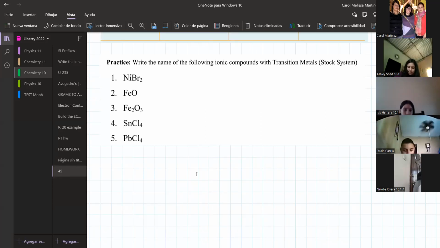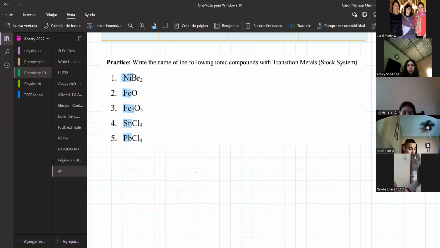But first, I'm going to show you the easy way. The easy way is to know which nickel is this, or which iron is this, okay? There's an easy way to do this.